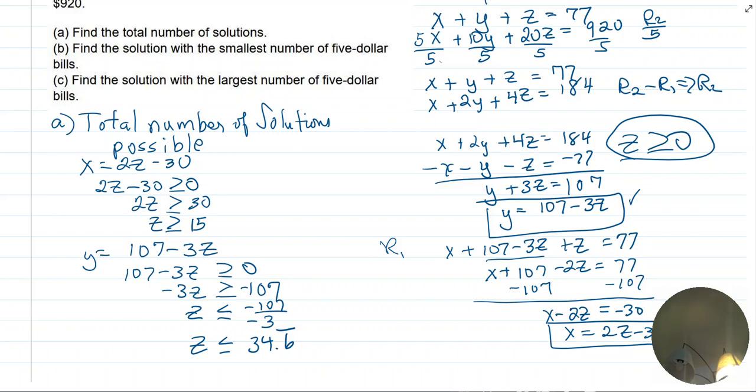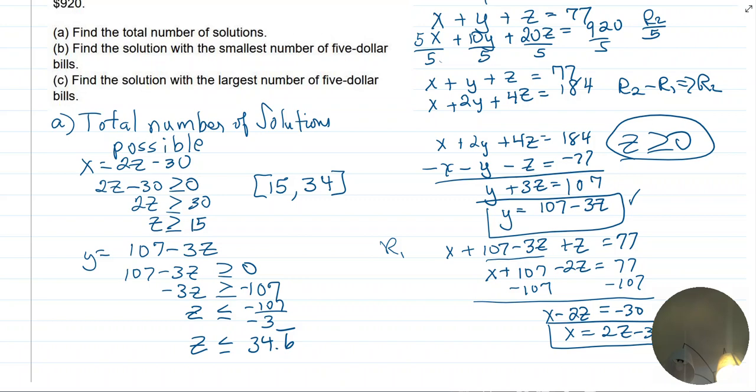I can include the 35, or not include the 35, depending on how we visualize what we have. But for sure, it has to be greater than or equal to 15 but less than or equal to 34. And I'm not going to include the 35.